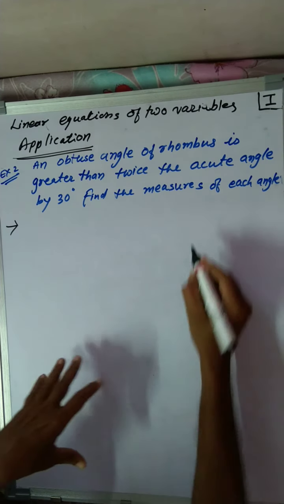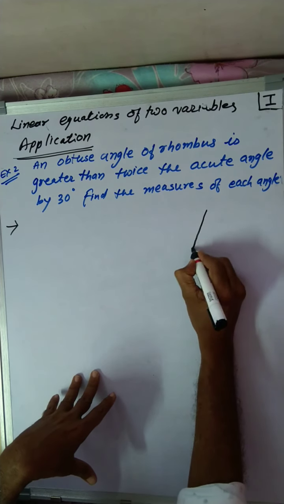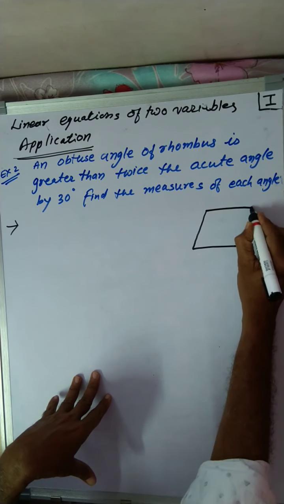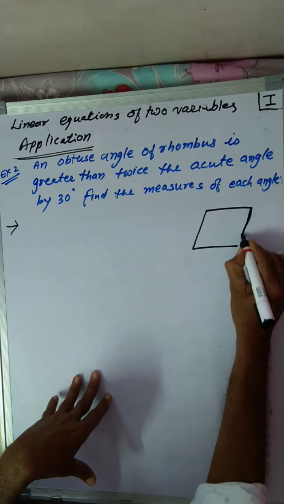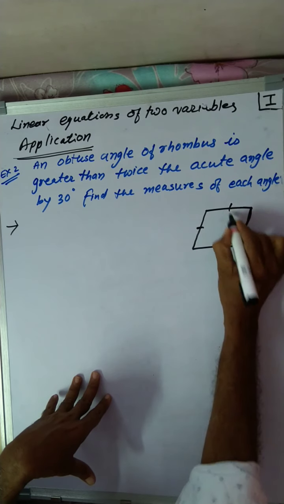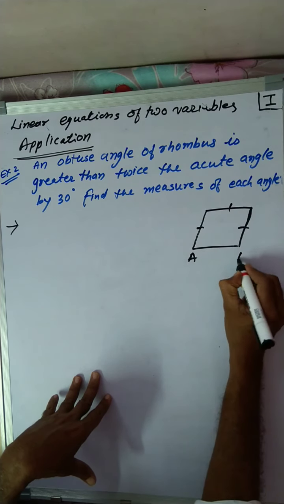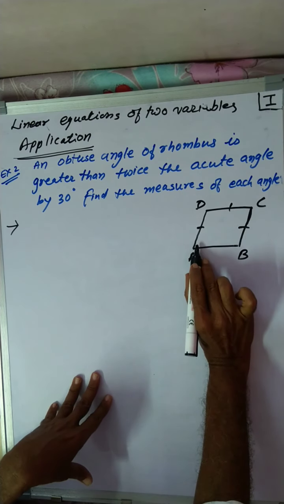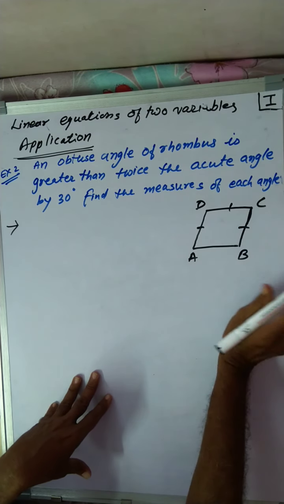If we draw a rhombus, all sides of the quadrilateral are the same. This is the rhombus ABCD. Here A is the acute angle and B is the obtuse angle.